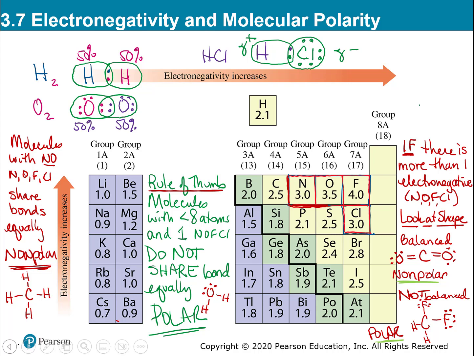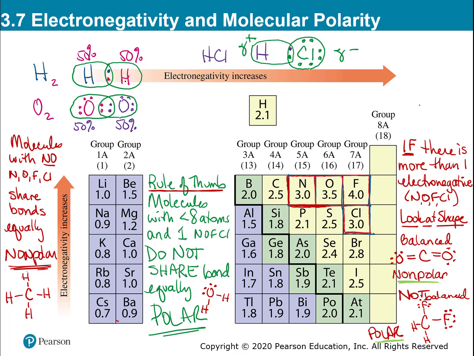So say for example, if I have 2 hydrogens, remember that they make a covalent bond. They share their electrons, so up in the top. But they're going to share them equally because they have the same attraction for their electrons in the sharing. So I can think of those dots as being right in the middle, like a 50-50. 50% of the time the electrons are over here, 50% of the time they're over here.